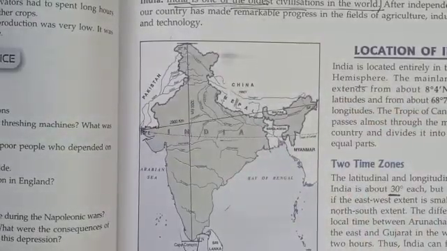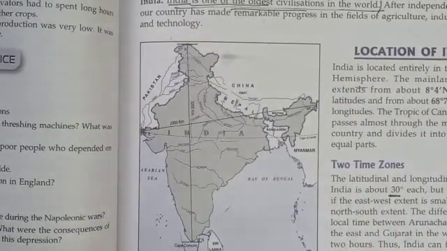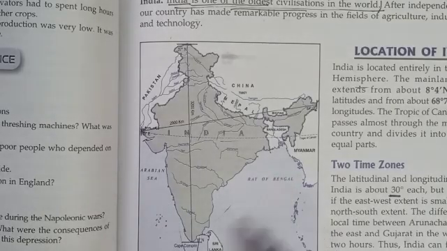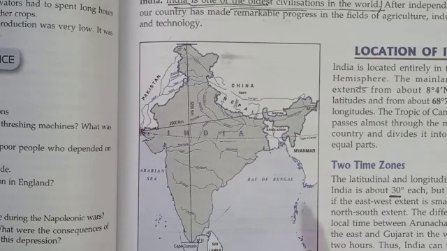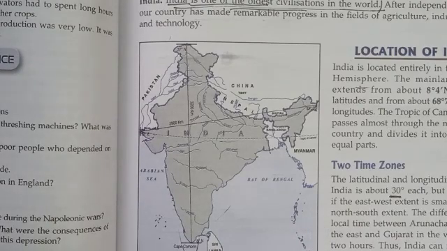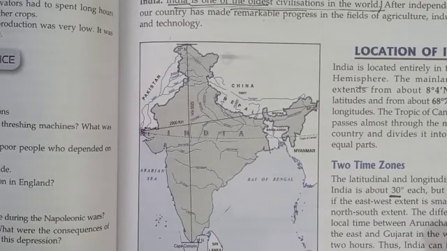If you look at the coastline, along the mainland of India it is about 6,100 kilometers, and if you include the islands, it is about 7,516 kilometers. So this is some important data about the boundaries and coastline of India that you have got.